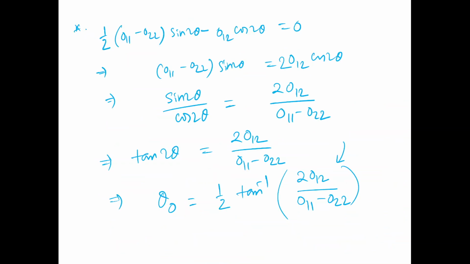And how does your U matrix look? It will be cos theta 0, sin theta 0, and sin theta 0, cos theta 0. Right, this is your first eigenvector. This is our second eigenvector. That's what we have discussed in the previous class.